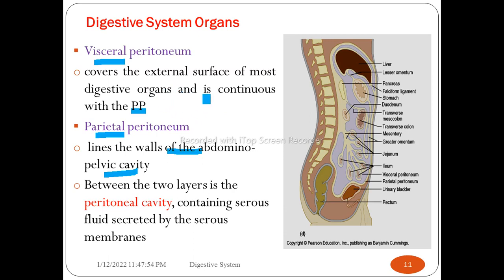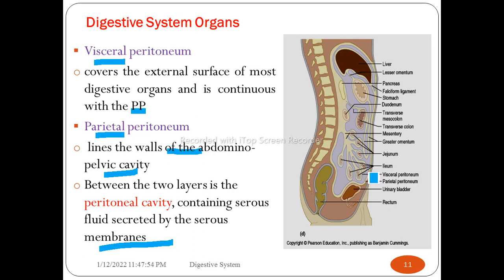So between the two layers there is a peritoneal cavity. This cavity contains a serous fluid secreted by the serous membranes. For instance, the visceral peritoneum is here, covering the organs of the GI system, whereas this is the parietal peritoneum that covers the walls of the cavity.